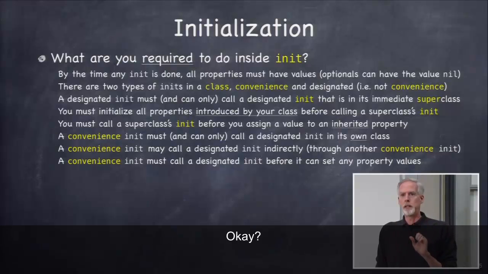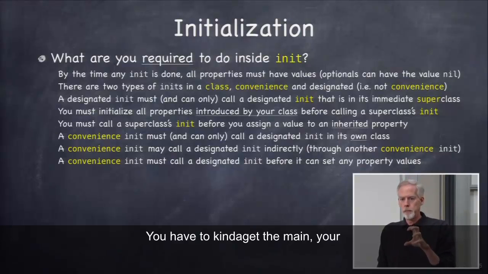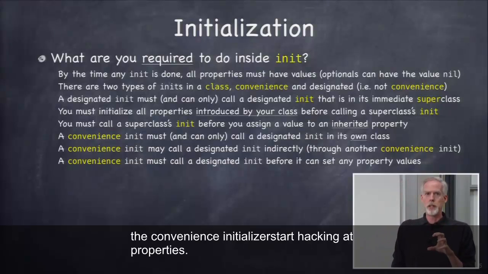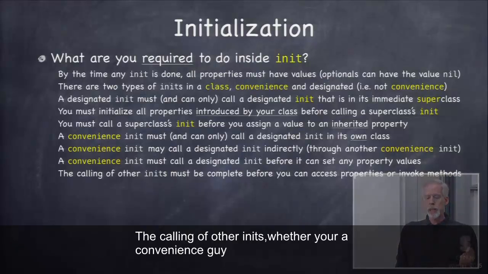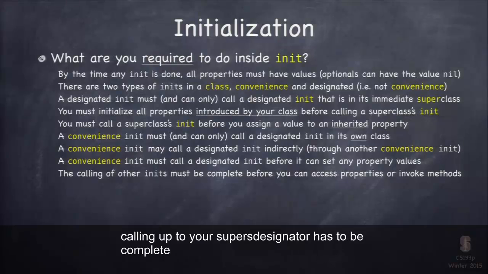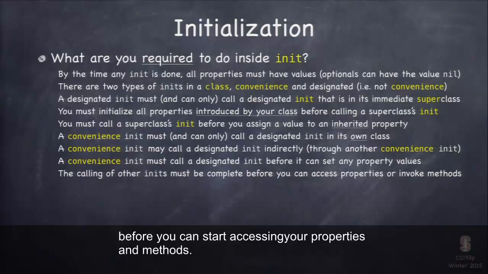A convenience initializer must call that designated initializer, directly or indirectly, before it can touch any values, obviously. You have to get your object primarily initialized before you can have the convenience initializer start hacking at properties. The calling of other inits, whether you're a convenience initializer calling your designated initializer, or whether you're a designated initializer calling up to your super's designated initializer, has to be complete before you can start accessing your properties and methods.